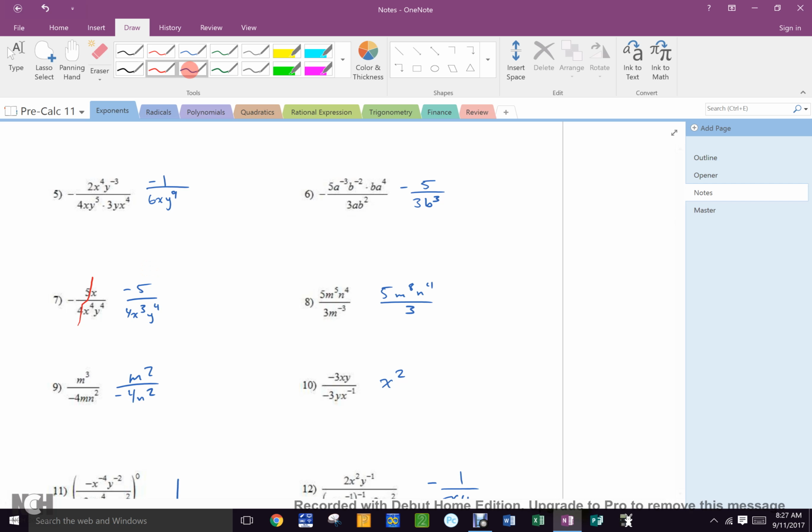Nope. Letters with letters. X to the 1 over x to the 4th. That's going to get me x to the negative 3, right? Nothing up top and a y to the 4th in the denominator. So that's technically y to the negative 4, isn't it? Negative exponents aren't allowed, so they go down to the denominator and they are positive.